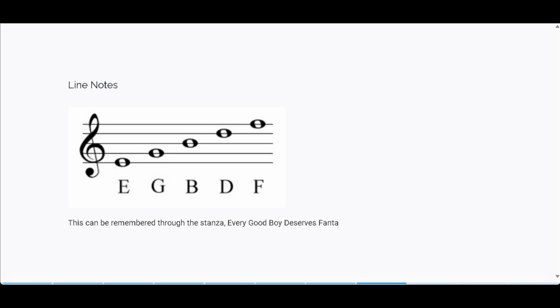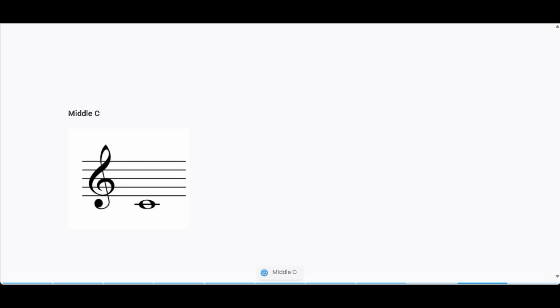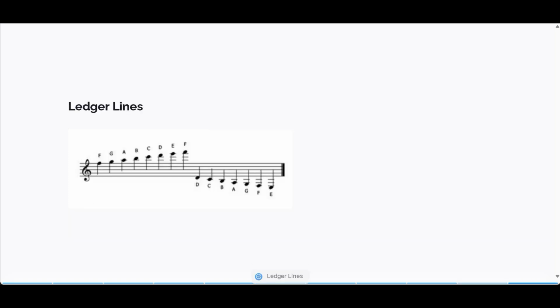You don't have to remember it this way. You can create another phrase if you want. But this is the way some people remember it. It's Every Good Boy Deserves Fun, for the treble clef line notes, then the space notes spell FACE. Then middle C is below the staff for the treble clef.